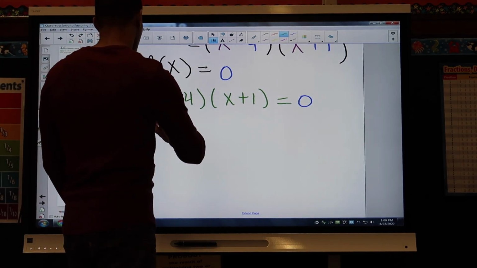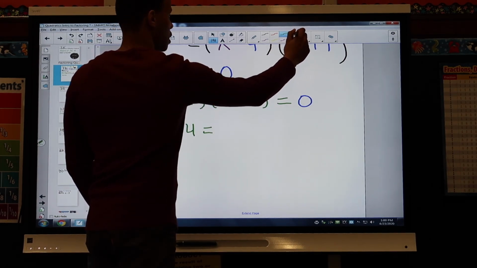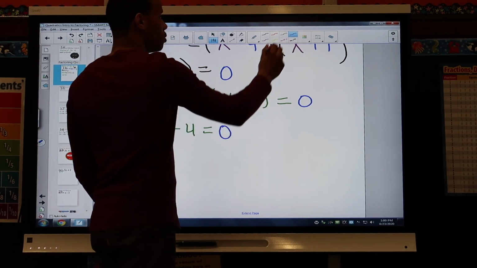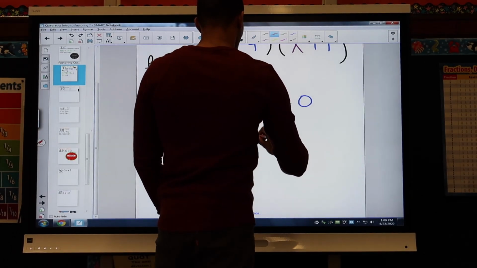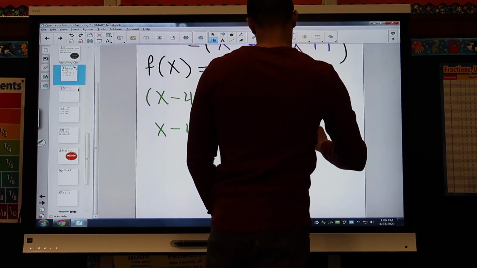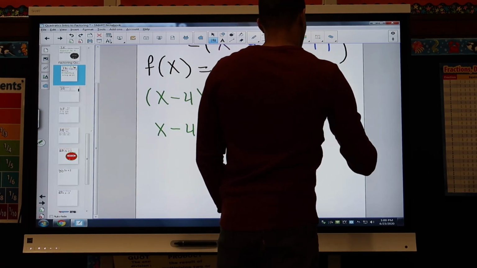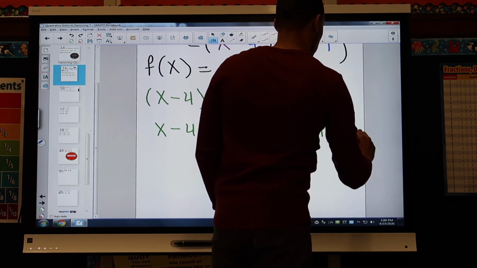So we have that either x minus 4 has to be equal to 0, or we have that x plus 1 has to be equal to 0.